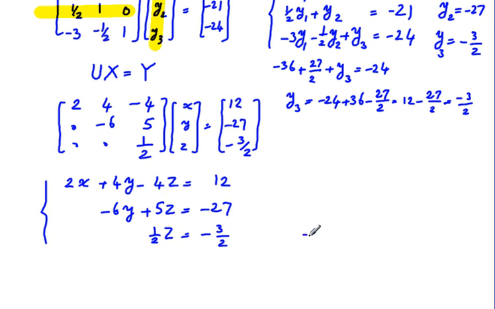So what is your z here? Negative 3. You go back up, you substitute in this stage, you say minus 6y, that is minus 15, is equal to minus 27. So minus 6y becomes minus 12. So y becomes 2. Is that right?